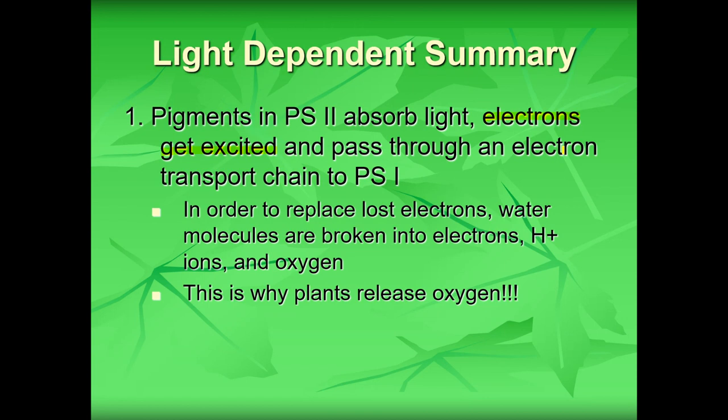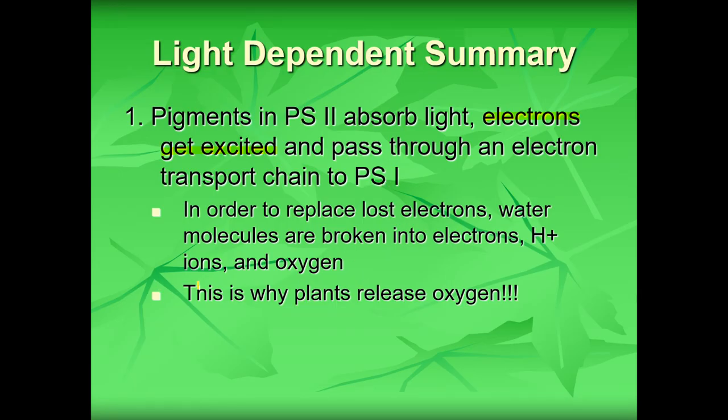Okay, that's what's kind of driving the process. And so what's going to happen is they're going to pass through an electron transport chain, just like what we saw in cellular respiration. As the electrons move through the ETC, hydrogen ions are going to get pumped and it's going to store energy. Okay, so the electrons get excited, they pass from photosystem 2 to photosystem 1.